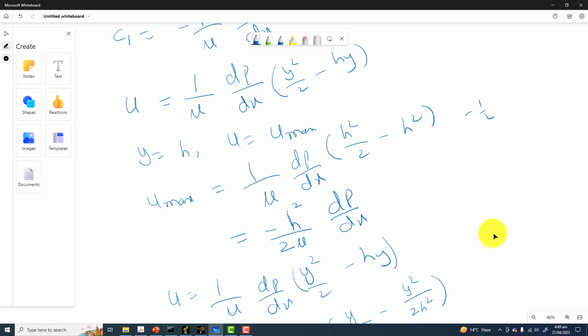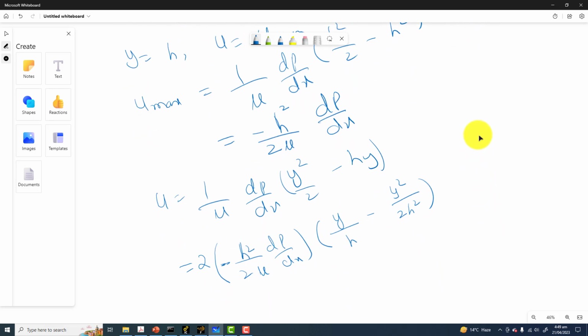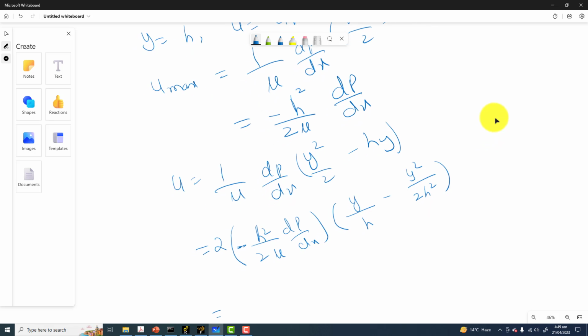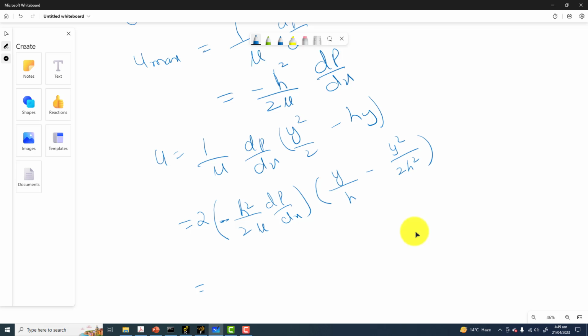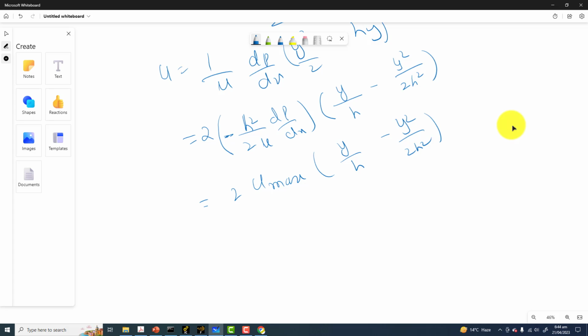So basically what we want here is u maximum is this thing. So we can write down this thing as 2 u max and y by h minus y square upon 2h square. Okay, so now the only one last step.